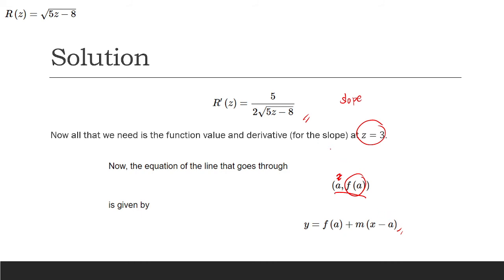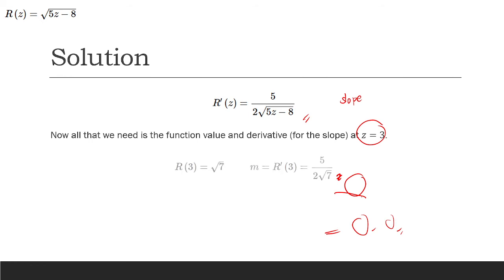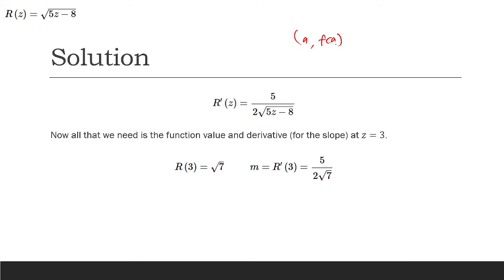So ibig sabihin class, what we need to do now is just find this one. Kailangan makuha natin yung f of a, and then makuha natin yung m, which is your slope, because we already have a value of z, and that's a. So to do that, substitute na lang natin. So una natin kailangan gawin is hanapin natin yung f of a, because you know that one point in the line is a, f of a.